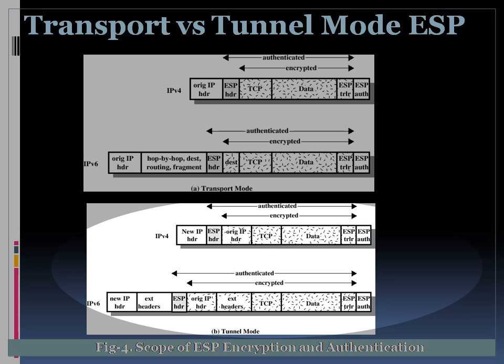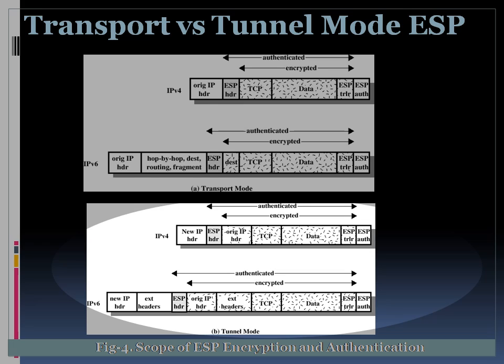Now because the IP header contains the destination address and possibly source routing directives and hop-by-hop option information, it is not possible simply to transmit the encrypted IP packet prefixed by the ESP header because intermediate routers would not be able to process such a packet.